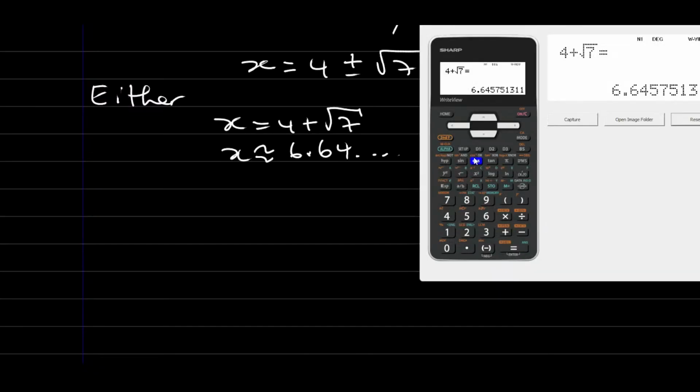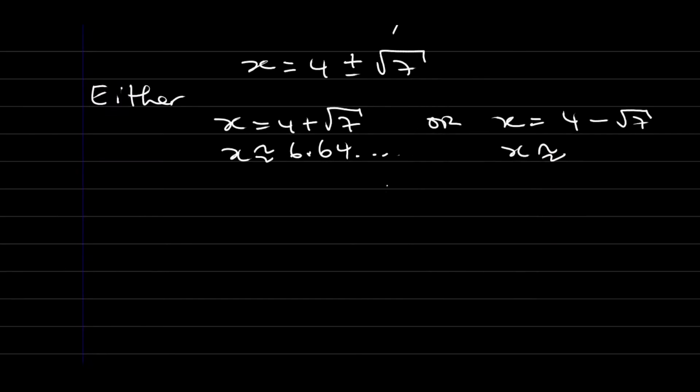And the other one, 4 minus root of 7, I can't have both answers valid, so let's see what we get here. This one is approximately 1.35.